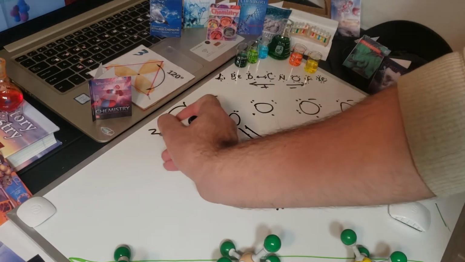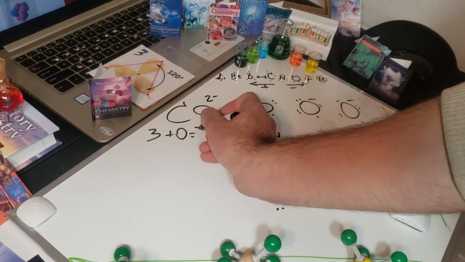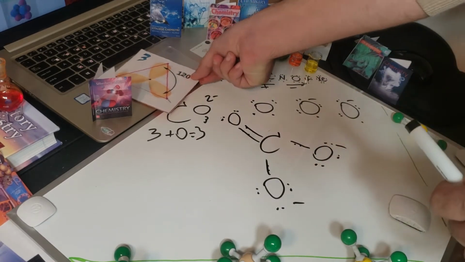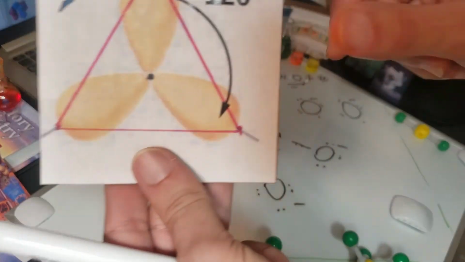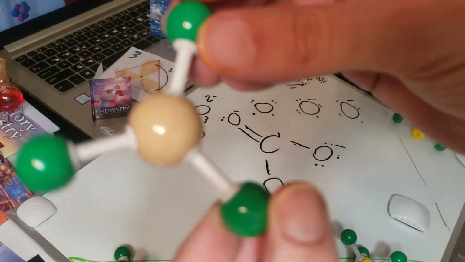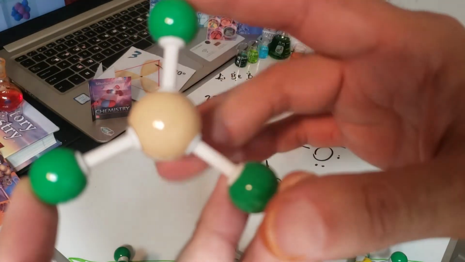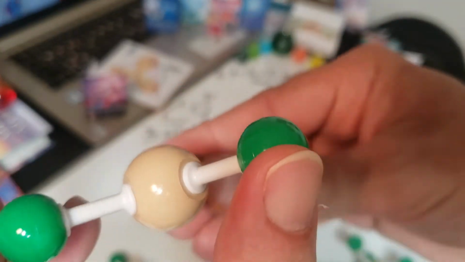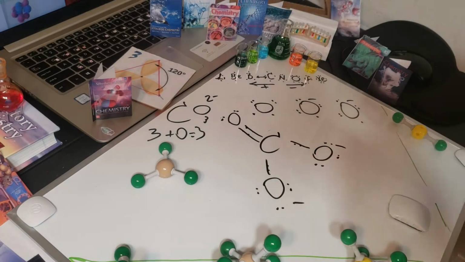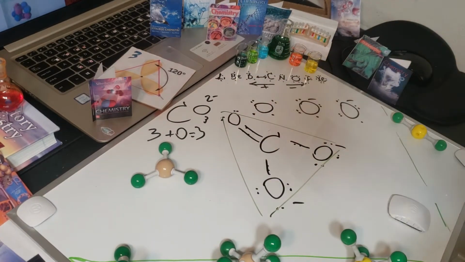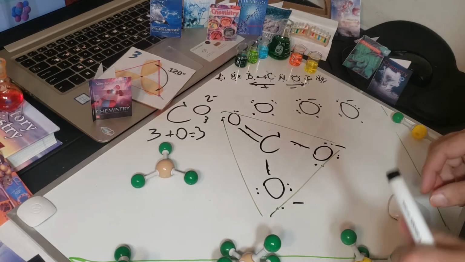So 3 surrounding atoms, 0 lone pairs. It's again this trigonal planar geometry, this time with 0 lone pairs, so that's going to be the exact same geometry for the carbonate molecule. It's a trigonal planar molecule, and we could draw it like here in a trigonal planar framework. Okay, that's this one.